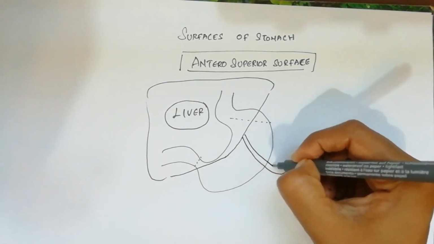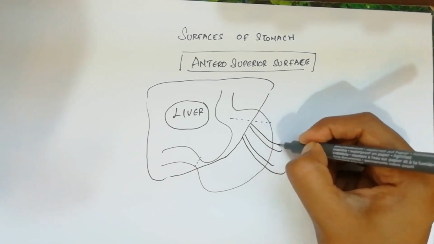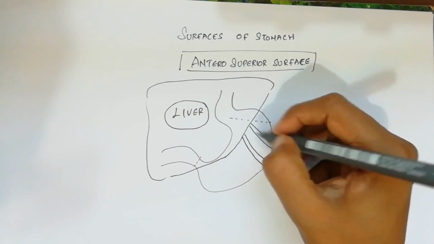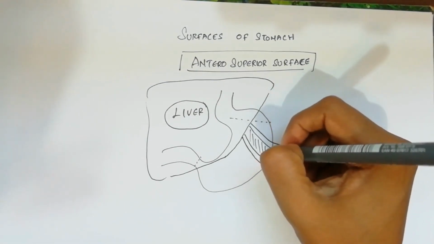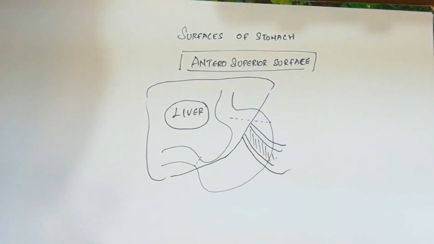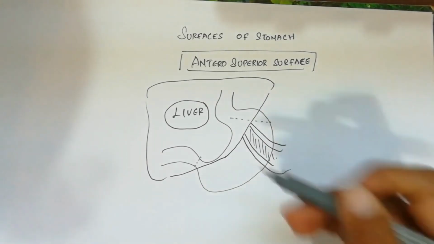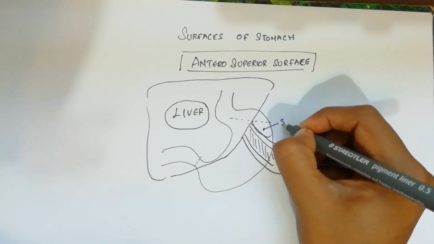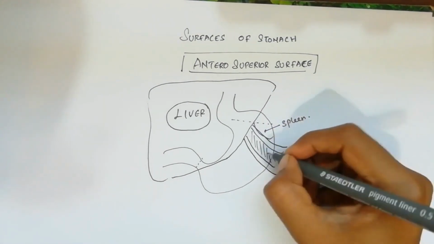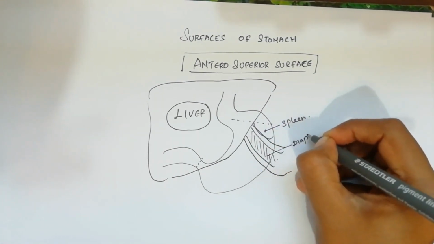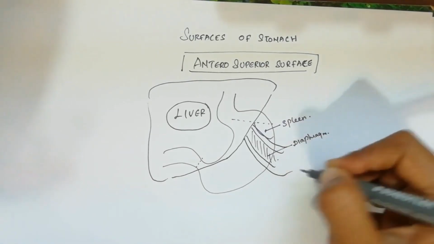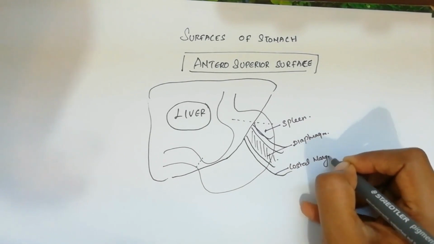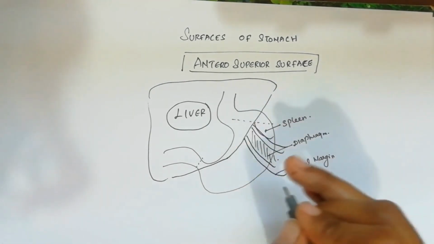Along with that, a part of the diaphragm, a muscle, is also related here. Below that we have an organ called the spleen. So the spleen, the diaphragm and also the costal margin are related towards the left side.